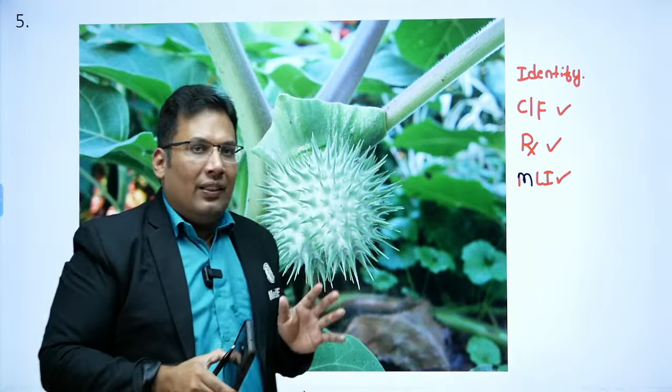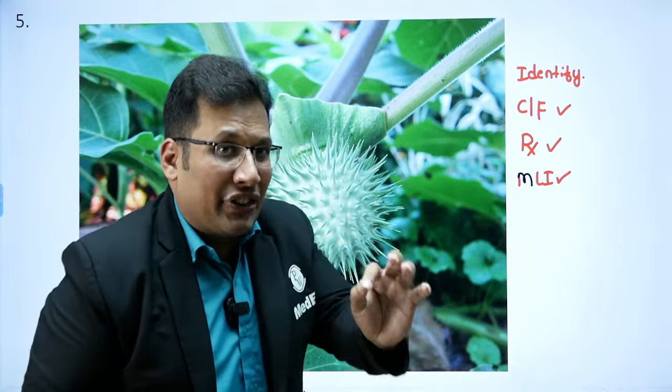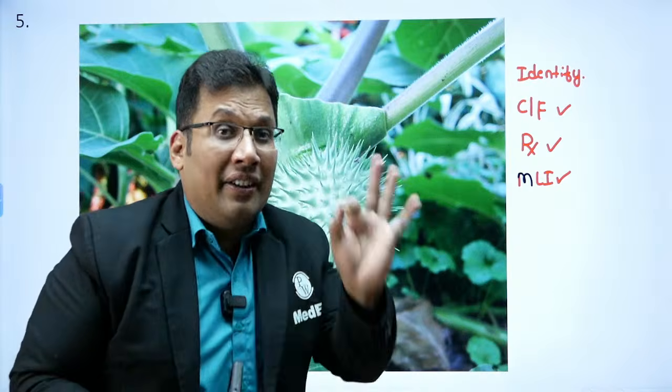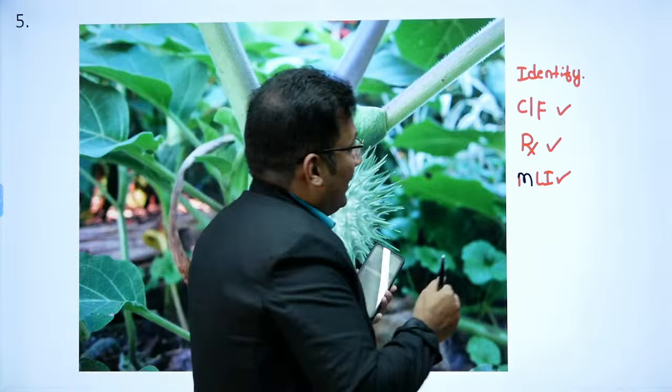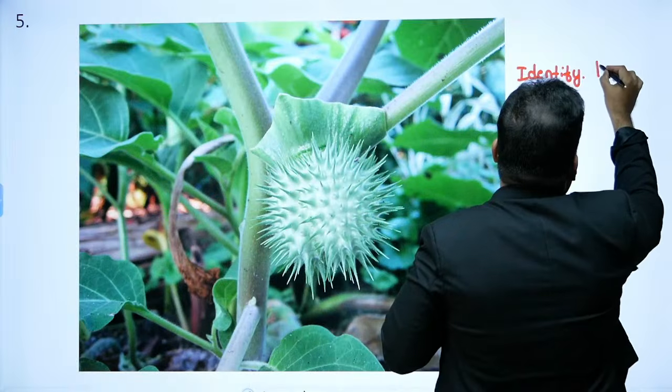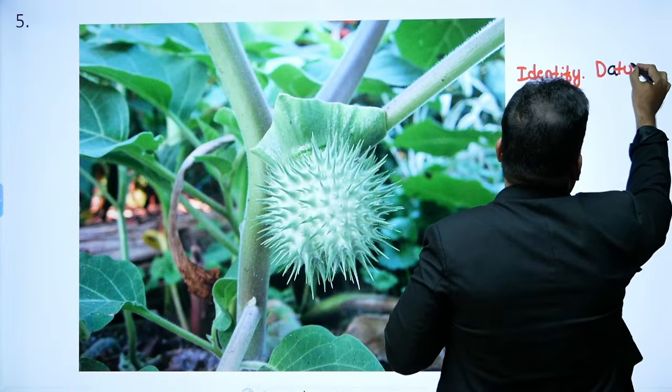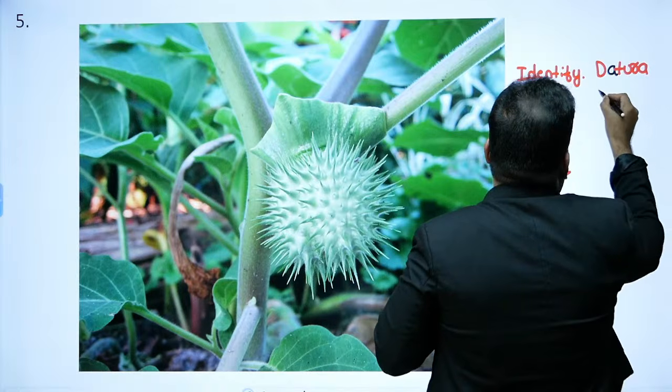So whenever you see spiny projections, all of you try to understand spiny projections. You can see the spiny projections. So this is basically Datura, known as thorn apple.